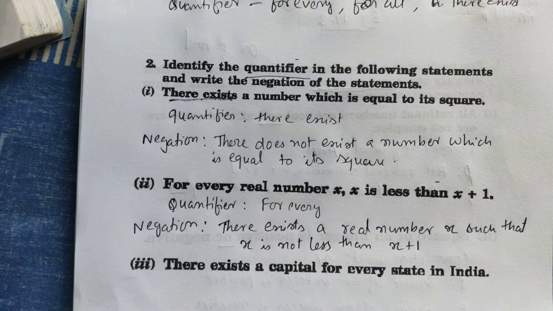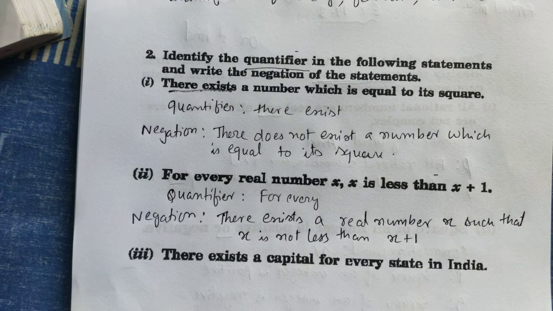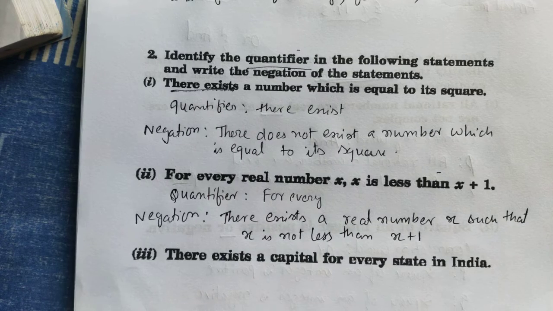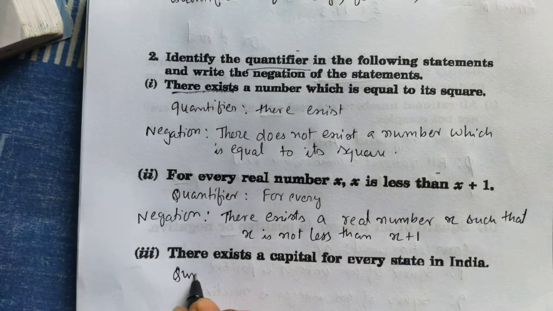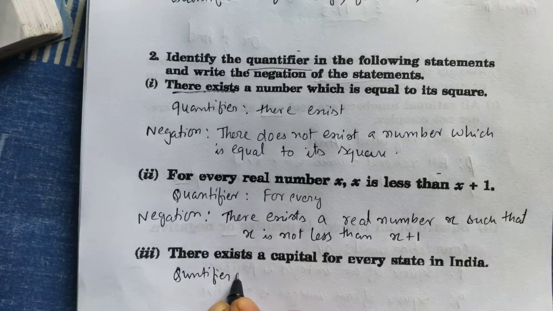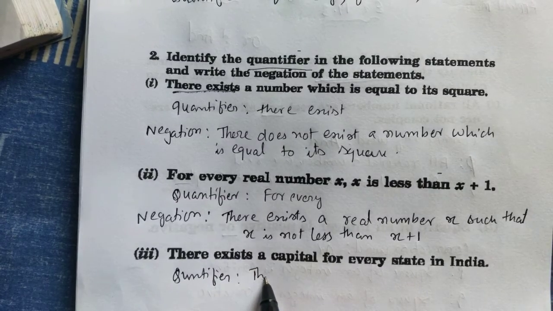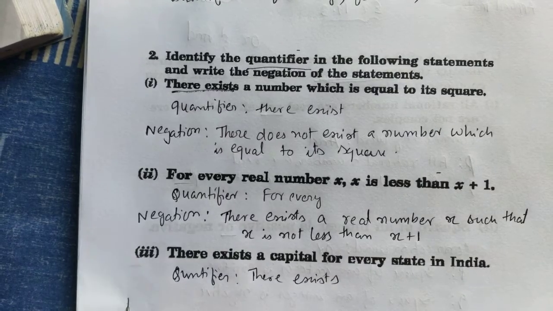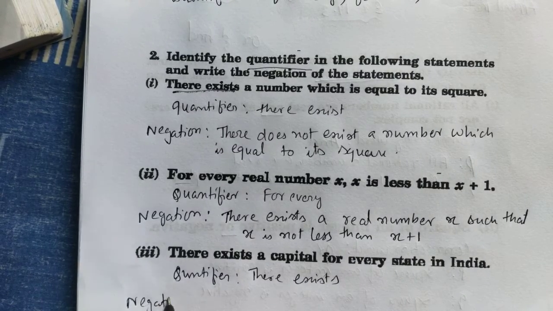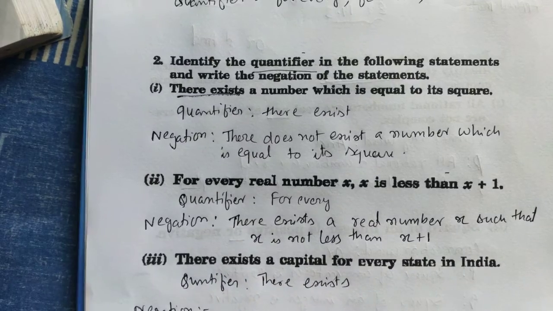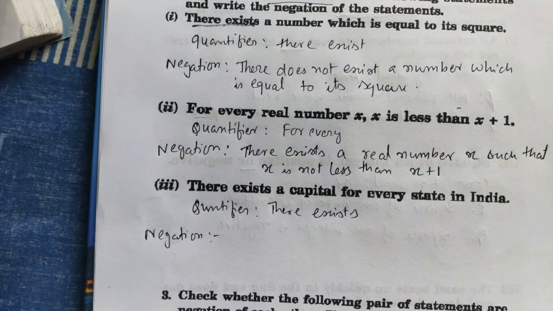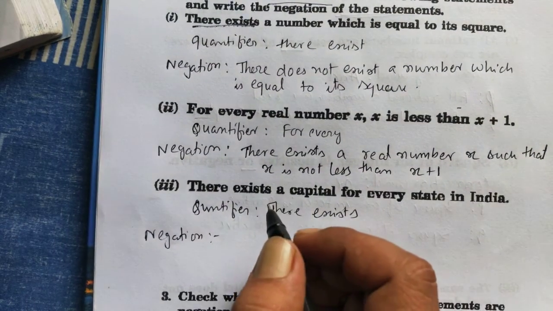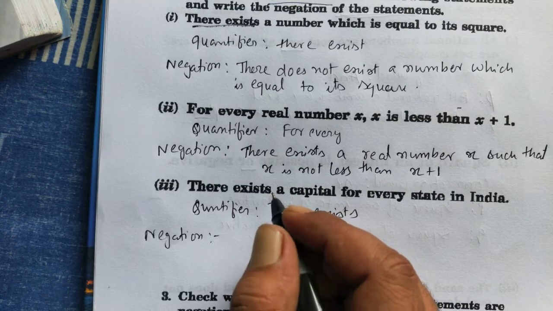Okay, let's do question number 3. There exists a capital for every state in India. So here the quantifier is there exists. Let us write the negation. We have to write the opposite of this statement. There exists a number, so you write there does not exist a number.